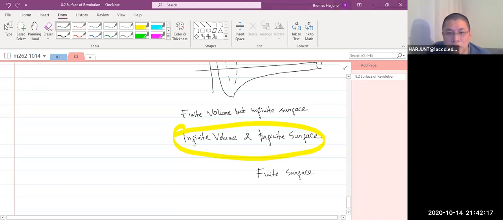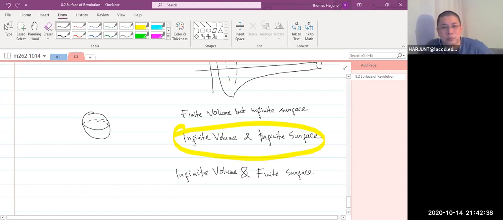It's a bit tricky, but it's actually not hard. Just get a ball. Is the surface finite area?